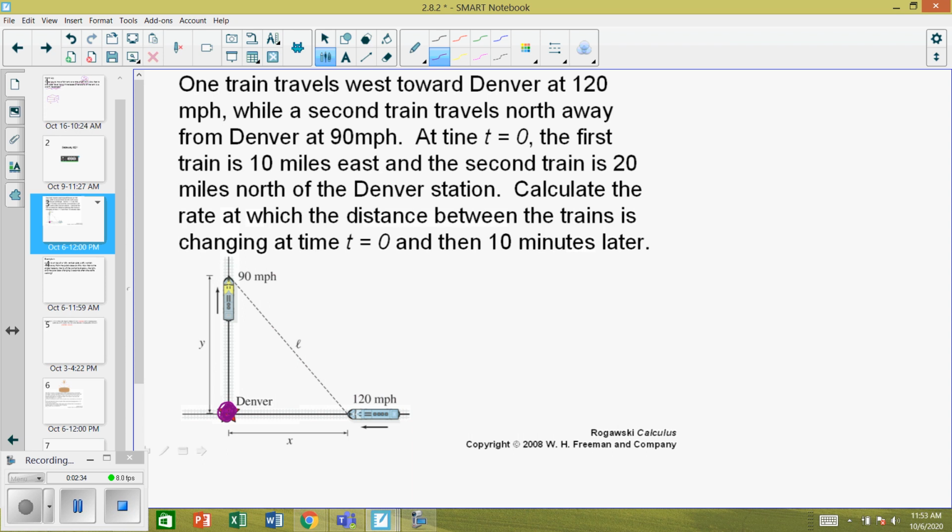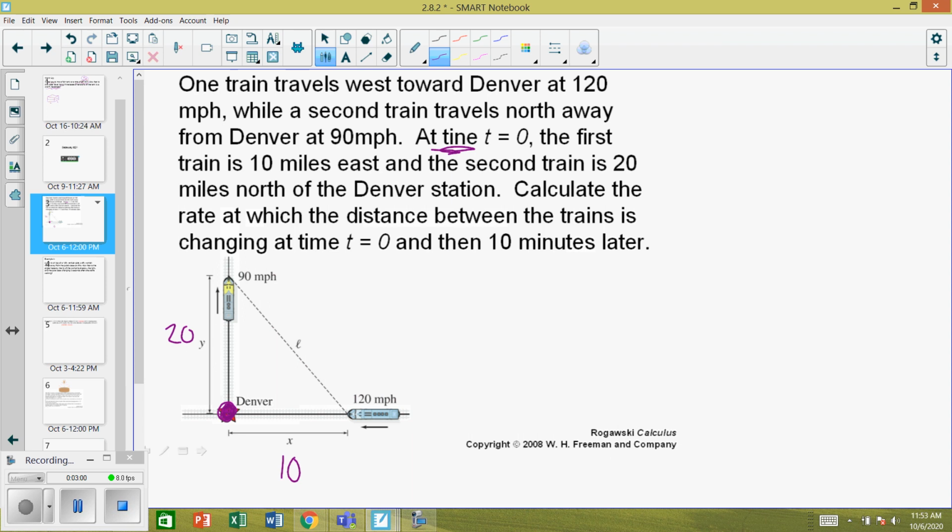At time t equals 0, the first train is 10 miles east, and the second train is 20 miles north. So let's draw that out. Here we're 20 miles in the north direction and 10 miles in the east direction.